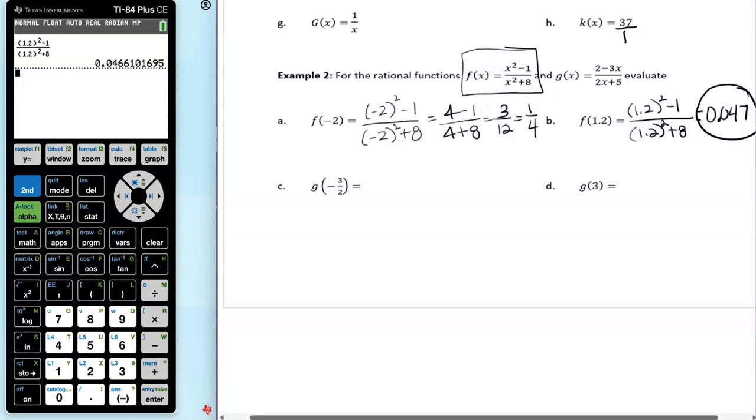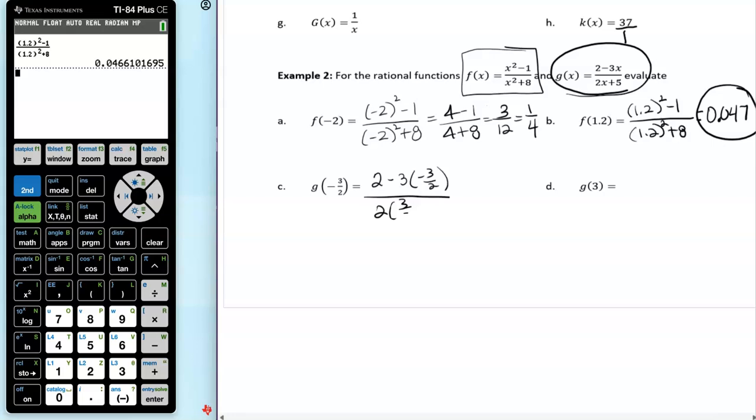And then on part C, we now move to g of x, which is a linear polynomial over a linear polynomial to make that rational function. And we're going to plug in the fractional value of negative 3/2. So we have this at the beginning of our evaluation. Once again, if you want to use your calculator, you're certainly welcome to.